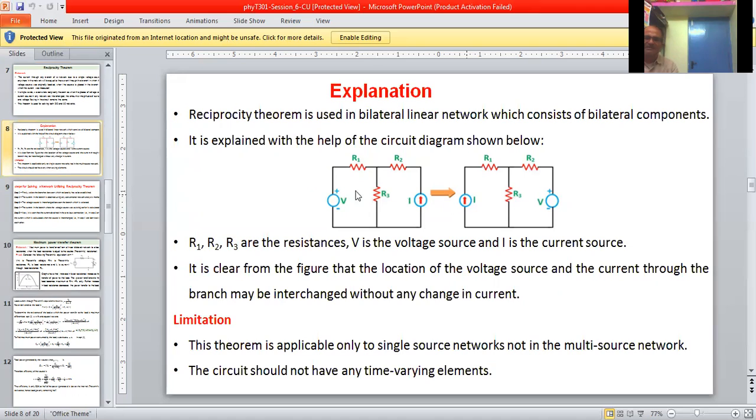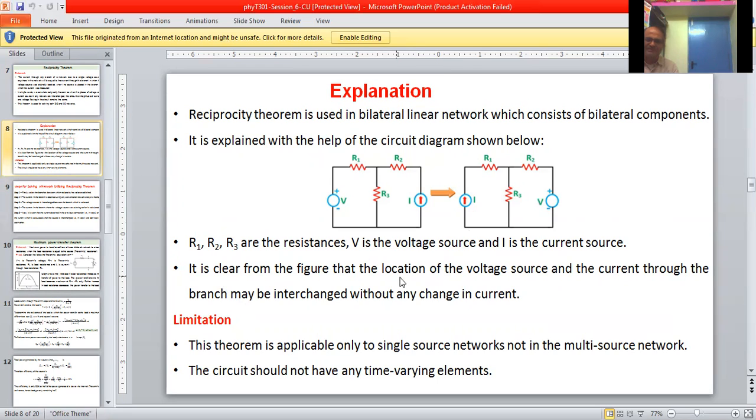When it is checked after replacing these things, what will be found is that the values will be the same. That means the value of this voltage and current will be the same in both cases. So this is the meaning of the reciprocity theorem. In this diagram, R1, R2, R3 are the resistors, V is the voltage source, and I is the current source.